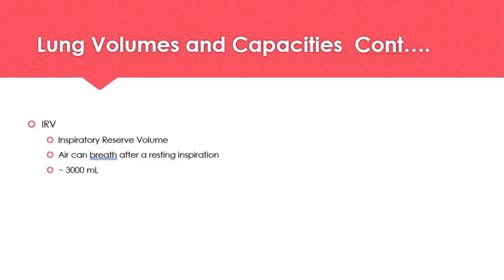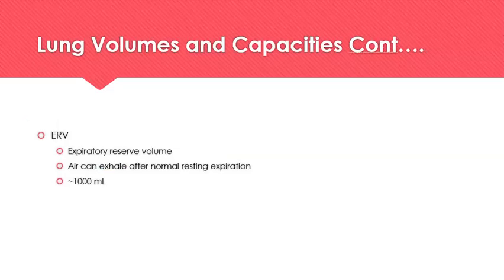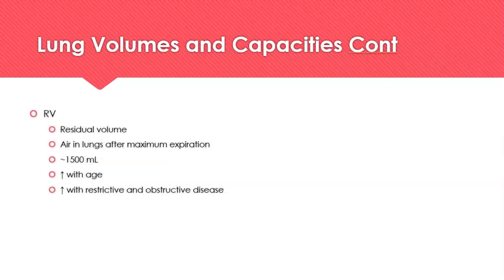The inspiratory reserve volume is 3,000 milliliters. The ERV, which is expiratory reserve volume, is 15% of the total lung volume, describing 1,000 milliliters. Then the residual volume, sorry, make sure that one would be 1,500 milliliters.